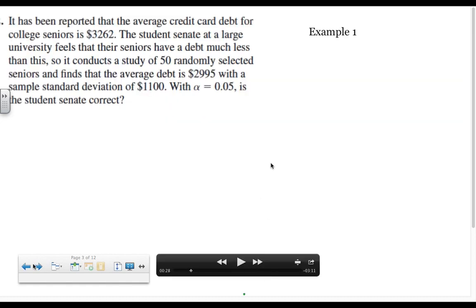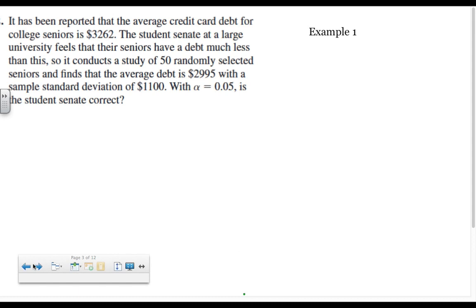So, example 1. It has been recorded that the average credit card debt for college seniors is $3,262. The student senate at a large university feels that their seniors have a debt much less than this. So they think that their students are better, that they haven't racked up as much debt. So it conducts a study of 50 randomly selected seniors and found that the average debt is $2,995, with a sample standard deviation of $1,100.